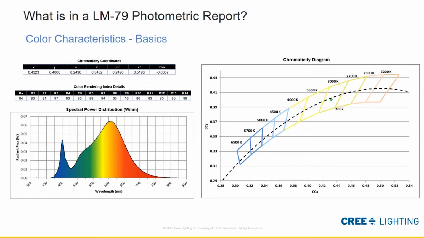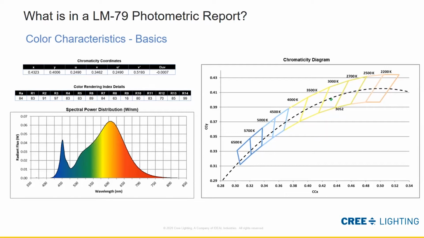And that is the average of R1 through R8. And then you can see again here, this displays R9, and it also displays up through R14, which just provides some extra color information for somebody trying to specify, maybe they have different reds or different colors that they want to emphasize. This helps define that to them. And all that is generated out of that spectral power distribution.